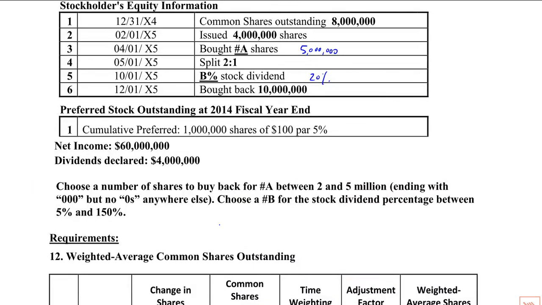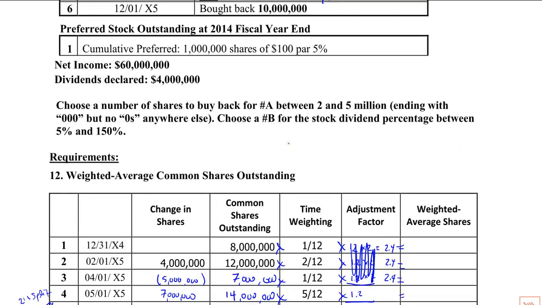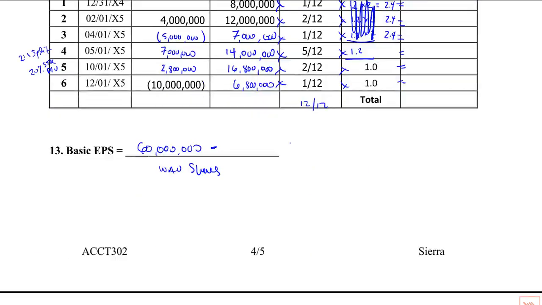We have cumulative preferred 1 million shares, $100 par, 5%. We don't care about the declaration. So we have 1 million times 100 times 5% equals 5 million.